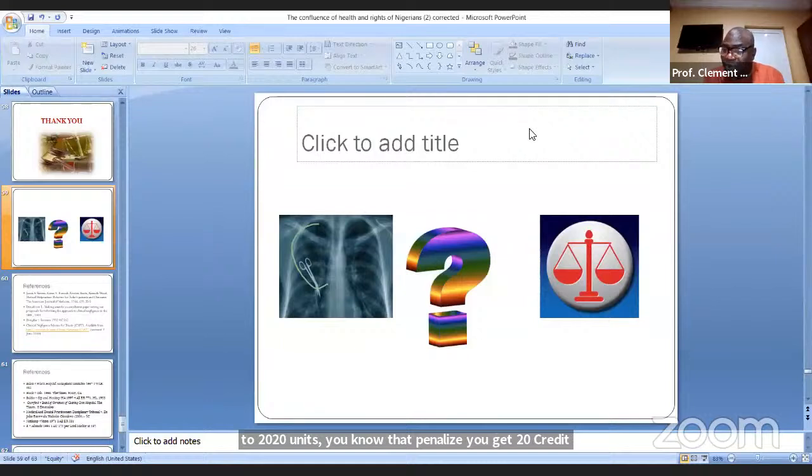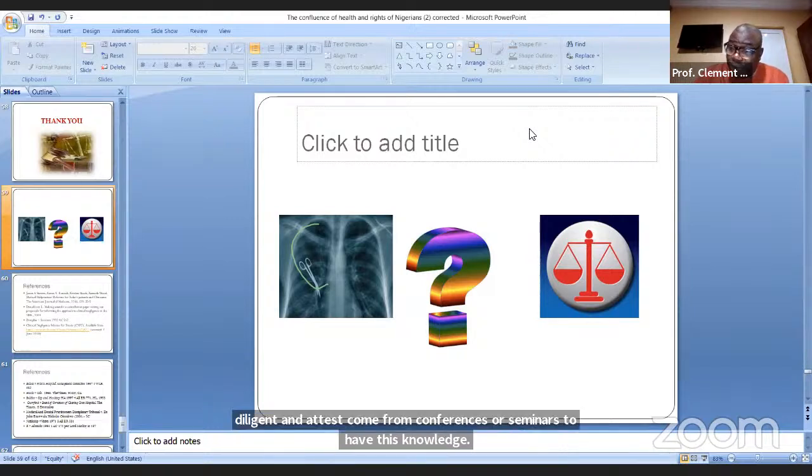That's the major reason why they do that, because people cut corners. I expect that if a doctor is really diligent and attends conferences, meetings, seminars, to update his knowledge, he can get the 20 units by the side and also register for the next year. Are you following me? That doctor will get information.